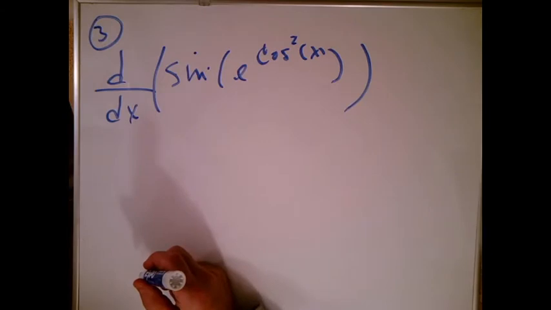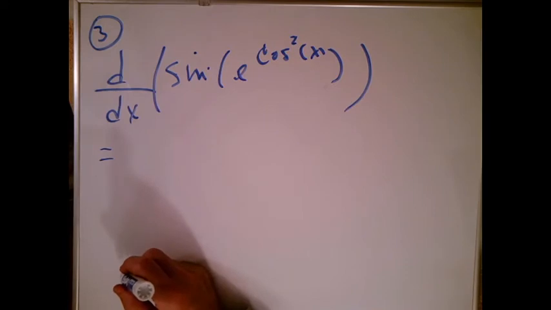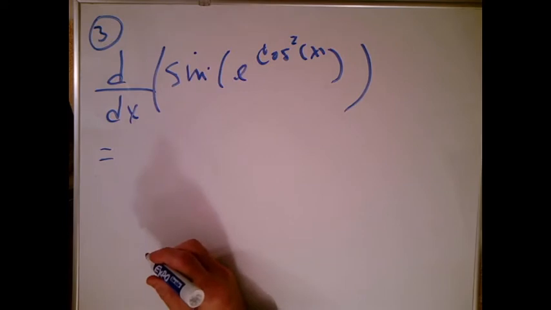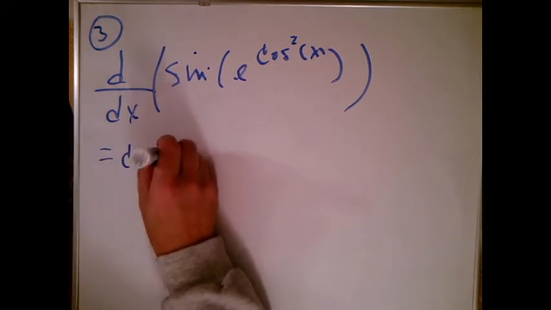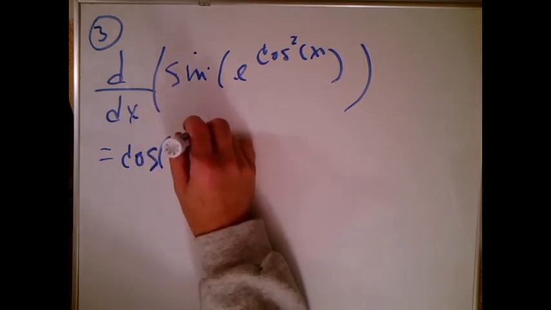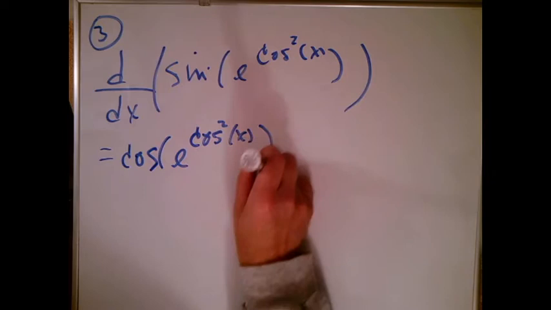So we're taking the derivative of sine of e to the cosine squared x. Now I need to read this. Notice, by the way, when you use the chain rule, you start from the outside and work your way in, right? So what I see is sine of blob. The derivative of sine of blob is the cosine of blob. So I get cosine of e to the cosine squared x, like that.